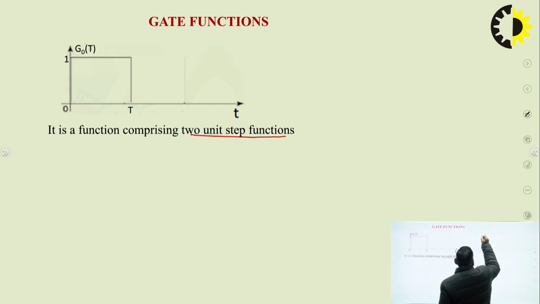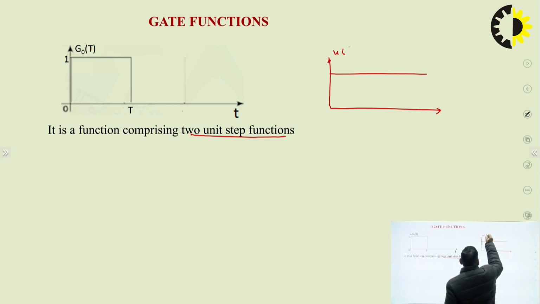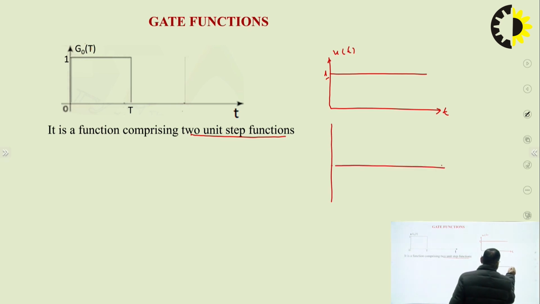If we want to construct this gate function, then we have to take this unit step, and we can take another unit step starting from this, u(t minus T).